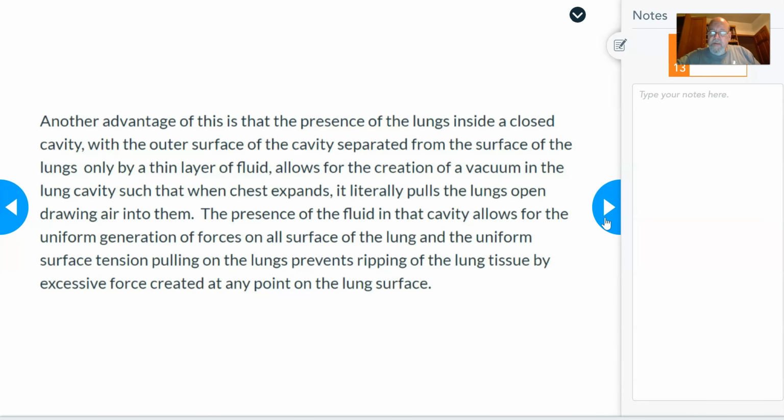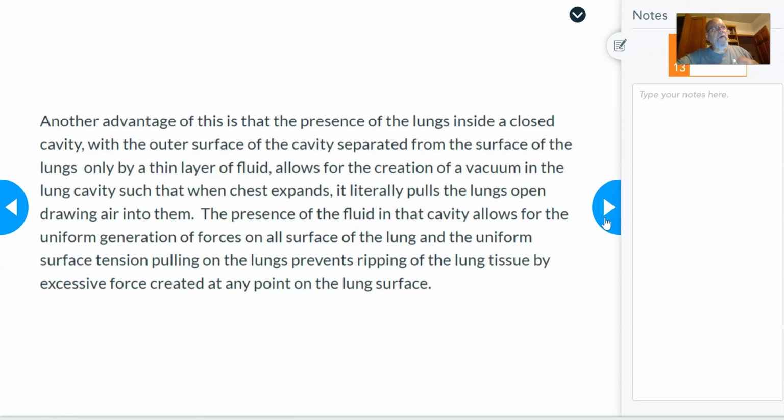Another advantage of this is that the presence of the lungs inside a closed cavity, with the outer surface of the cavity separated from the surface of the lungs by only a thin layer of fluid, allows for creation of a vacuum in the lung cavity. And when that is present, as it always is, when the chest expands, it literally pulls the lungs open, drawing air into them. Okay, so when I expand my chest cavity, I'm not really sucking air into my lungs.